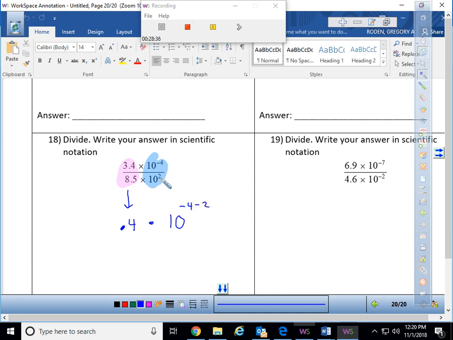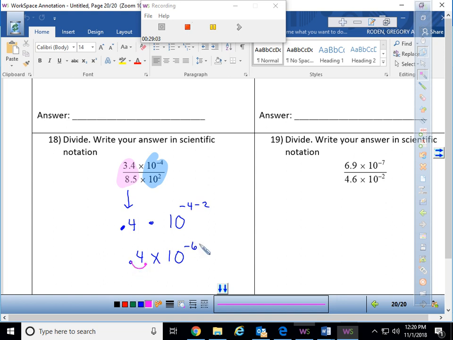So let's clean this up. So this is going to be 0.4 times 10 to the, what's -4 minus 2? Well, yeah, that's -6. Now, am I in scientific notation? No, I'm not. I need to put it in scientific notation by moving 1 to the right. When I move 1 to the right, what do I have to do with this exponent?